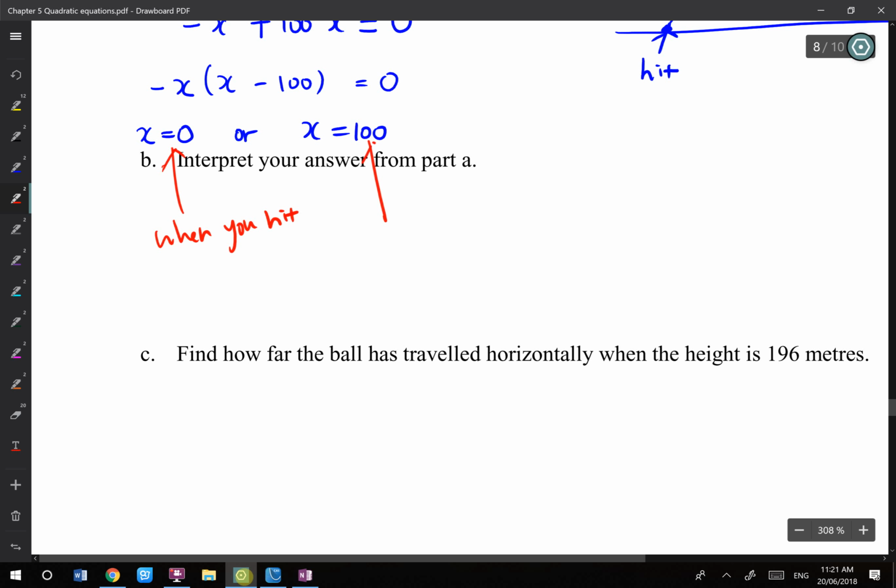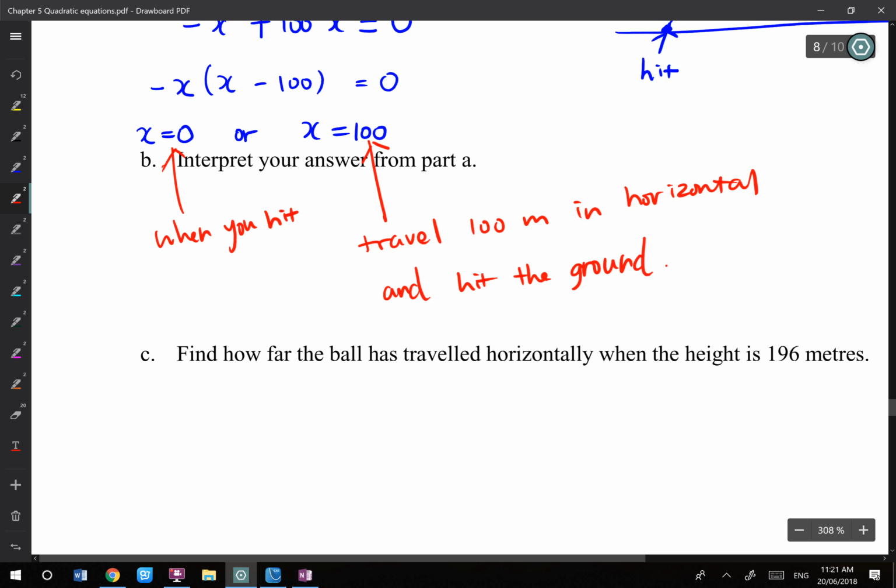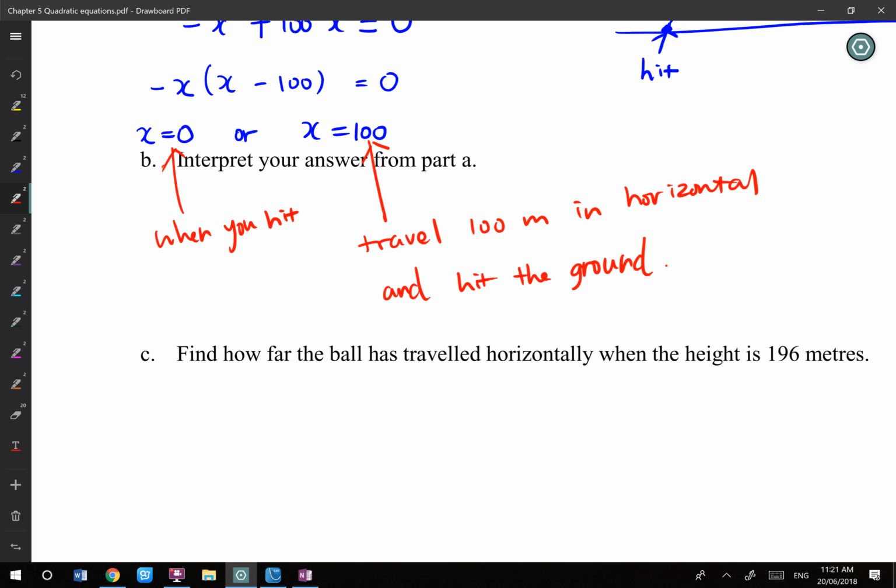And when x equals 100, the ball has traveled 100 meters horizontally and hit the ground. So that's what x equals 100, h equals 0 means.